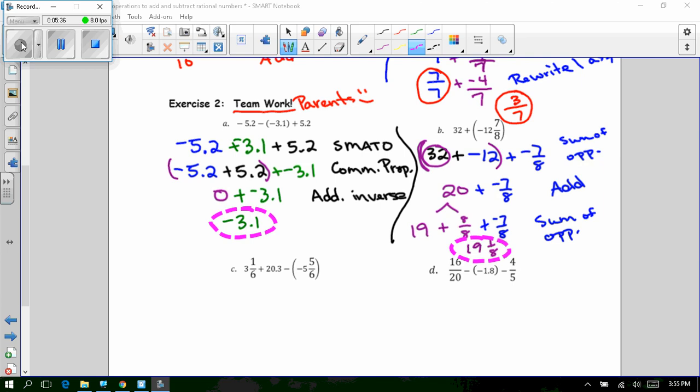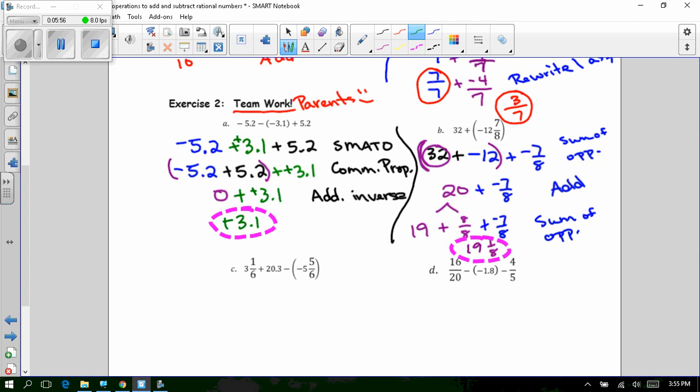Okay, so for part A, I used SMATO. I rewrote subtracting the negative 3 as adding, and I said adding negative 3. It should be adding 3. I just now caught that. That should be a positive 3.